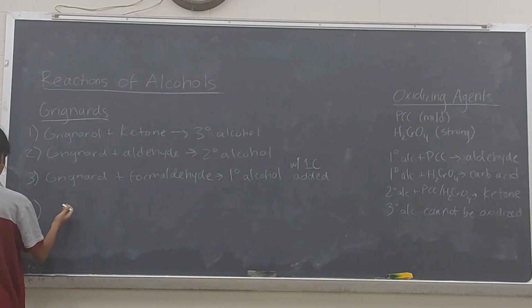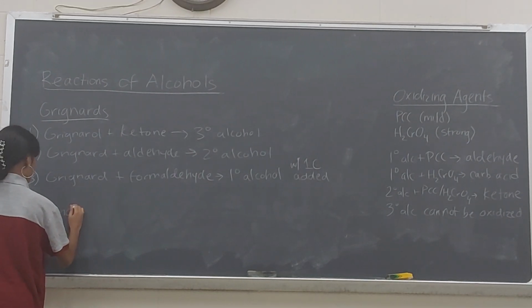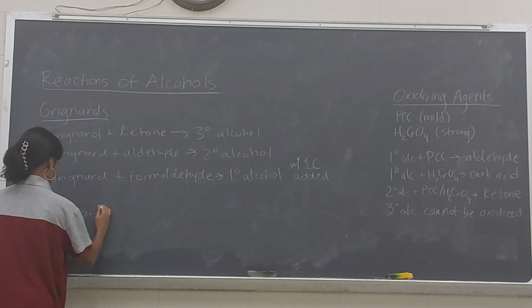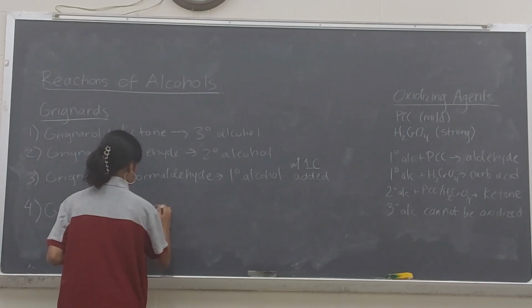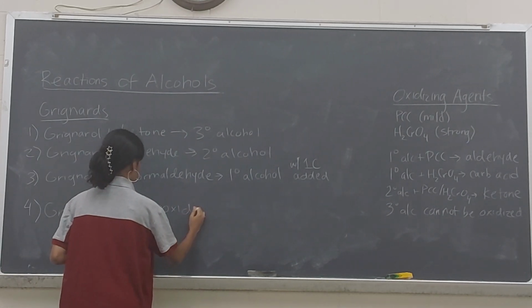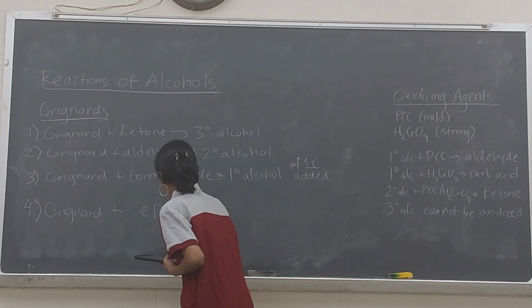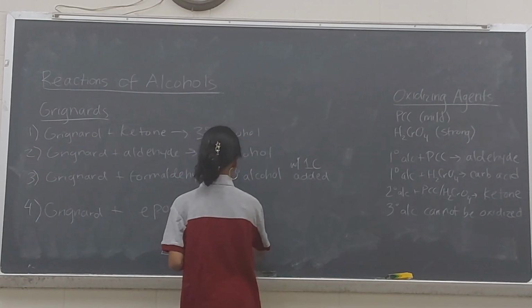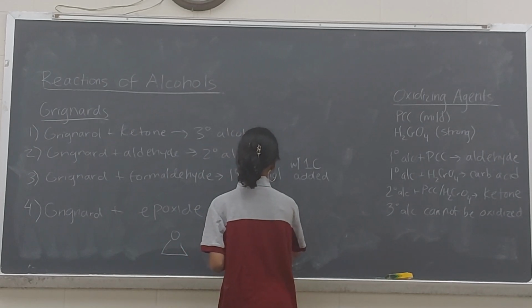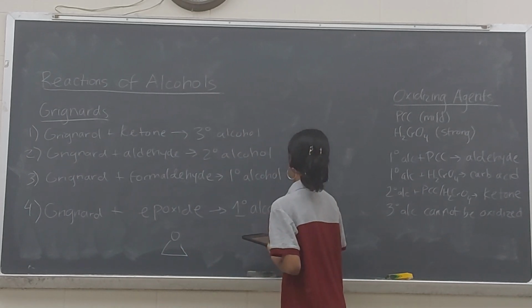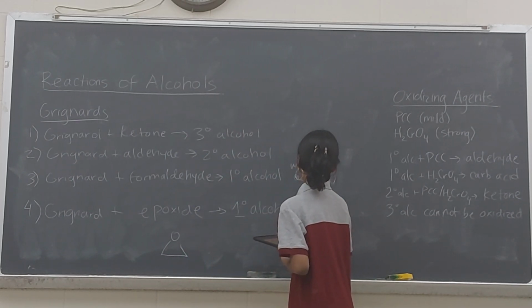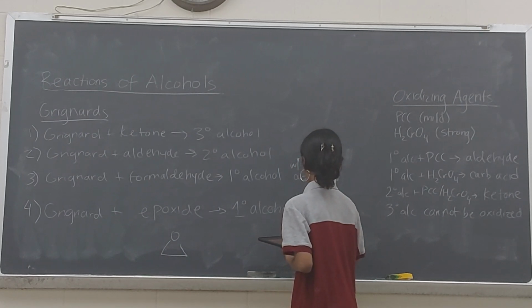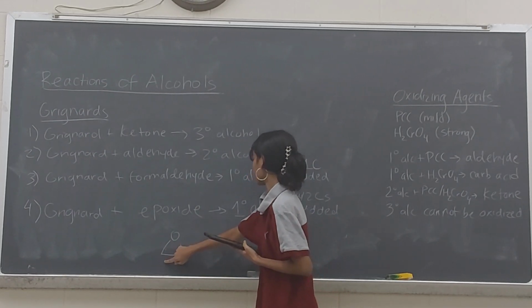And then Grignard plus epoxide, which is this, will result in also a 1-degree alcohol, but this time 2 carbons added to the Grignard, right? Because of these 2.